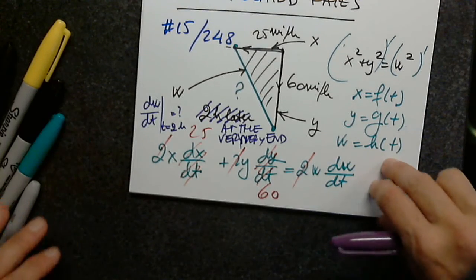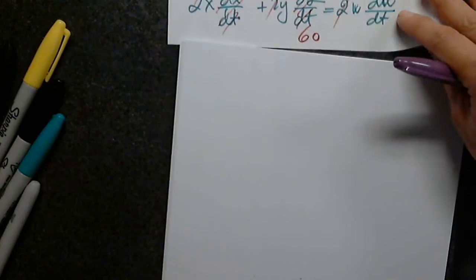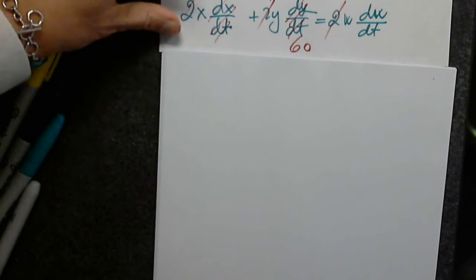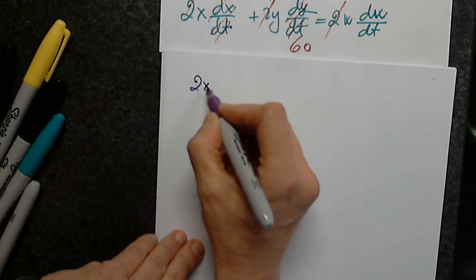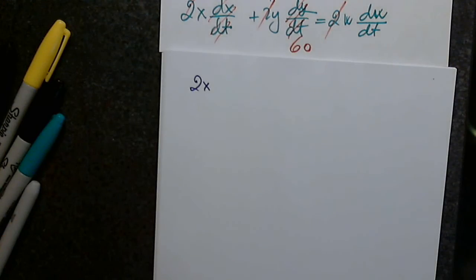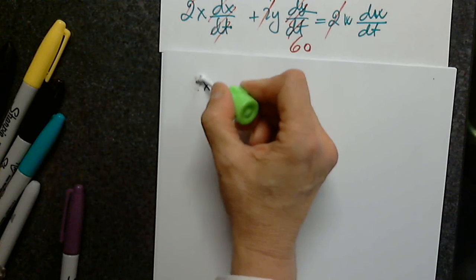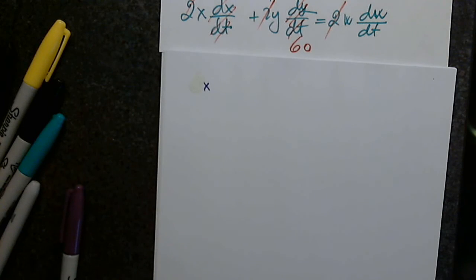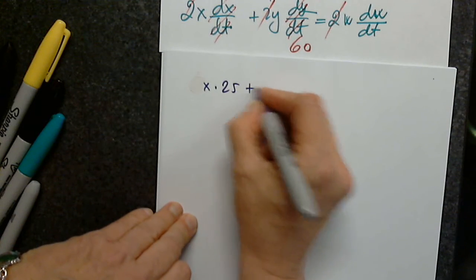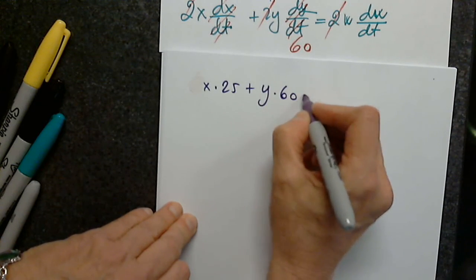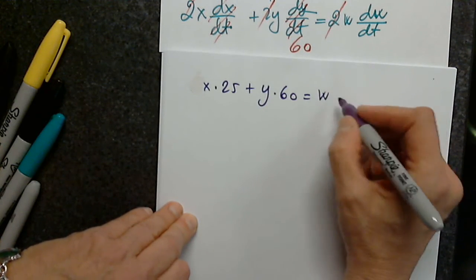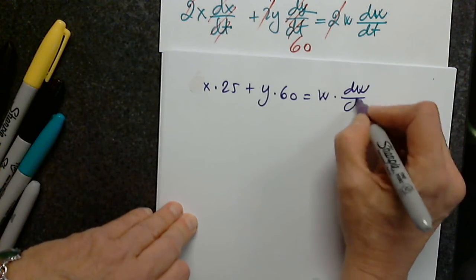So let's see what we have so far. I took care of the 2. So I have x times 25 plus y times 60 equals w times dw over dt.